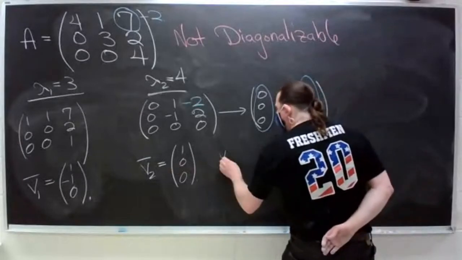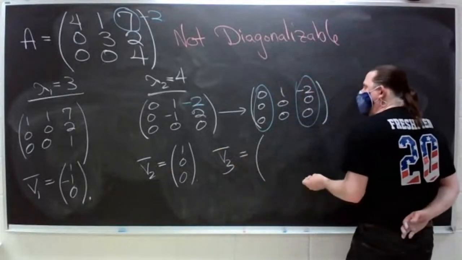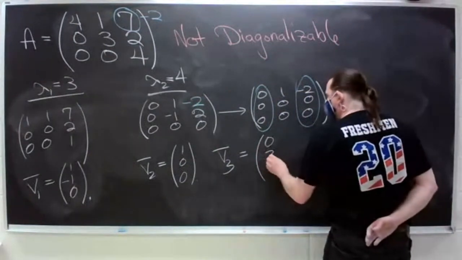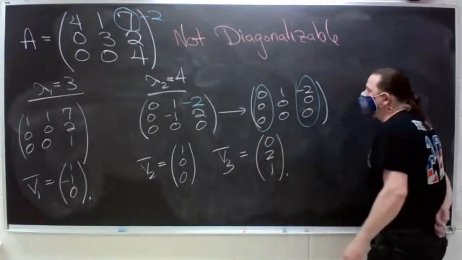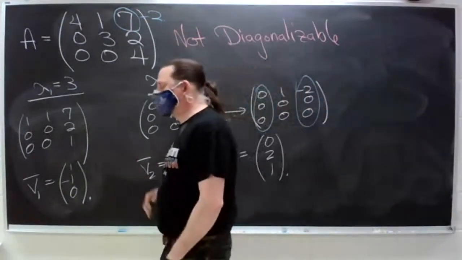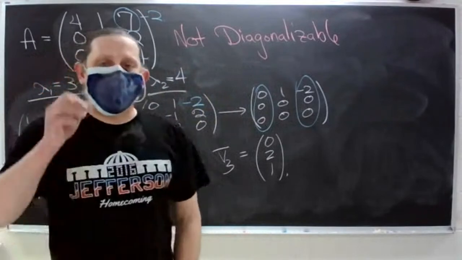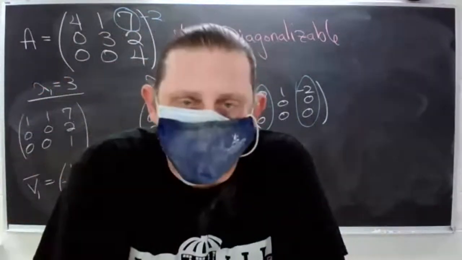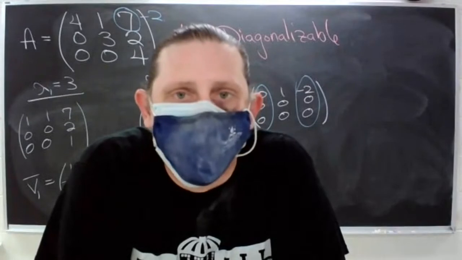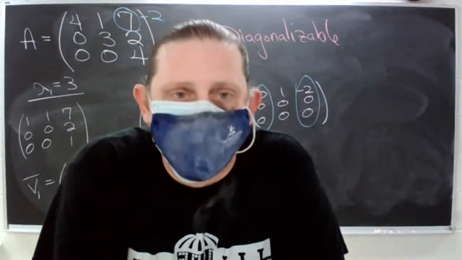And so I would have a V2, but I would also have a V3. 3 linearly independent eigenvectors. The eigenspace associated with eigenvalue 4 is two-dimensional.